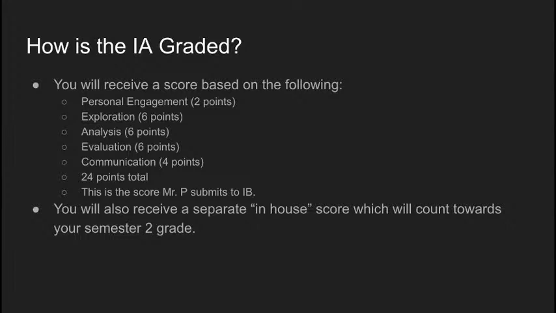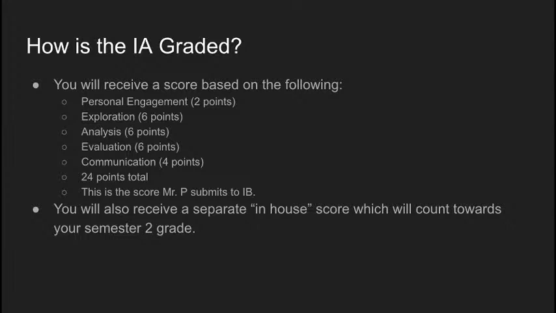So you get a score out of 24, which I submit to the IB. I would only submit that if you're an IB student. You will receive a separate in-house score, which will count towards your semester 2 grade. So those two scores will obviously be correlated.